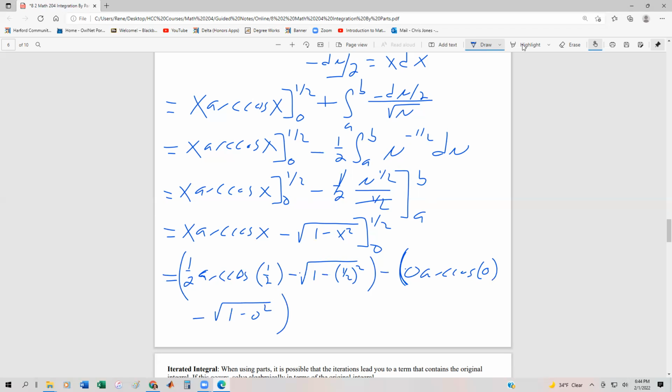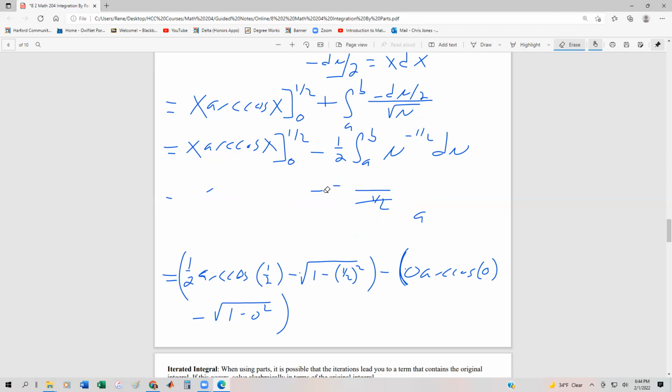Now, I'm going to erase so I get a little bit of room here. Now, the good news is with this, there are some things that are going to simplify really nicely. In fact, 3 out of 4 of these expressions are going to simplify to the point where we don't have to do too much work. One of them is the inverse trig, which we are going to have to worry about.